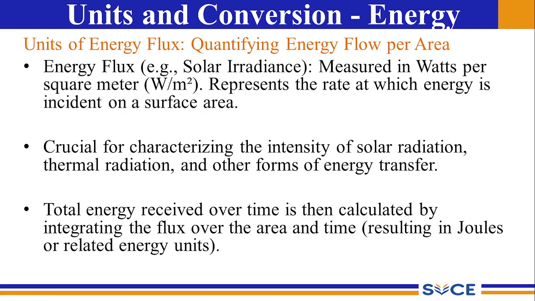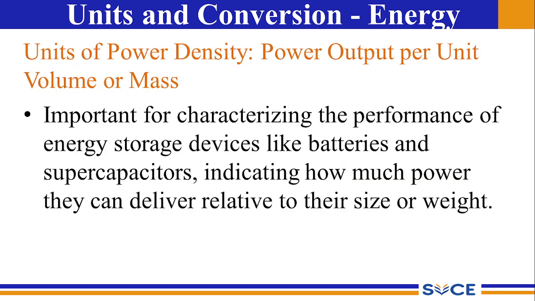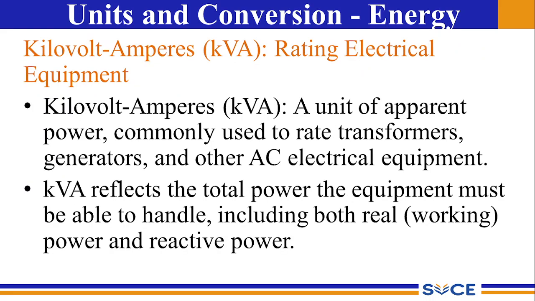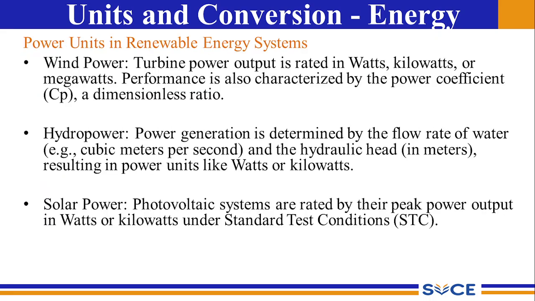So it is watt per square meter with respect to area or kg or volume. Some of the examples were power density, then kilowatt ampere. Then we saw about the power unit in renewable power systems.